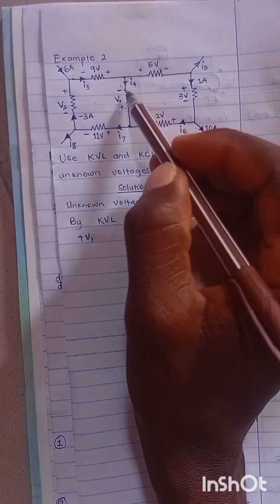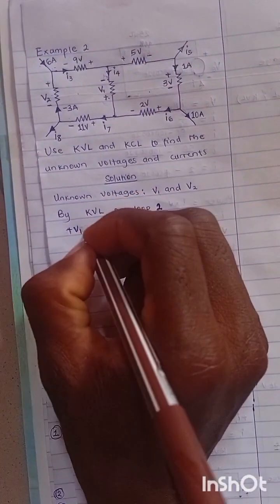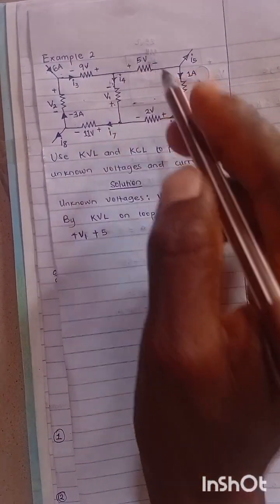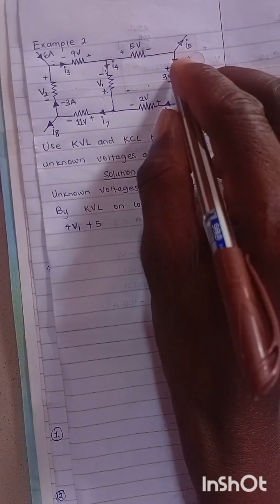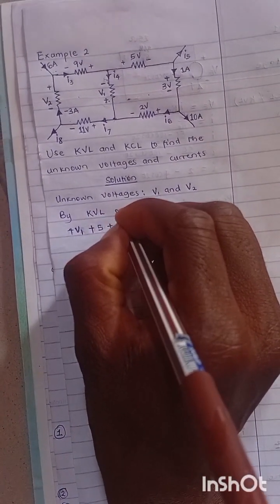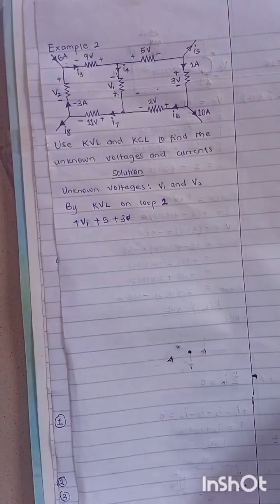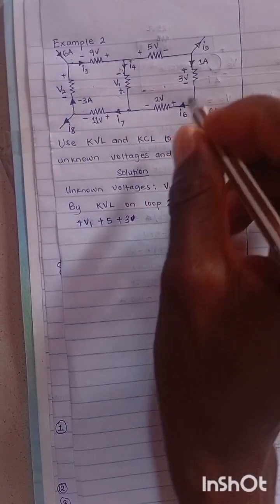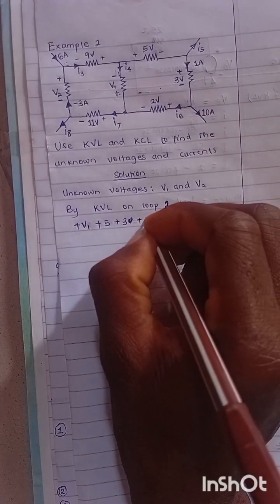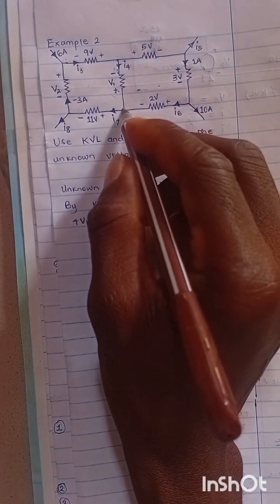So from here you have V1, then plus 5 volts as well, because the sign at this point is 5 volts. Down to this place you have plus 3, and then down to this very place you have plus 2, and then you're back to where we started from.